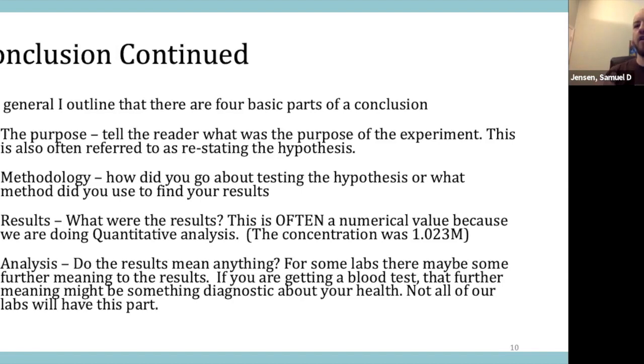You have a kidney issue, or a liver issue, or some anemia, or something else indicating some sort of underlying health issue. That's the analysis part: what does all that data mean to me as far as my health?